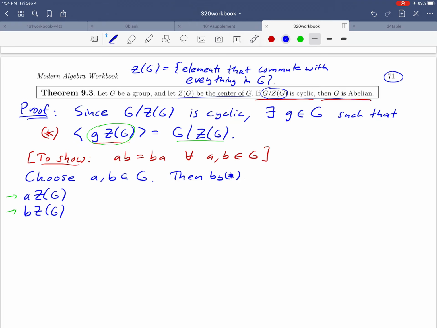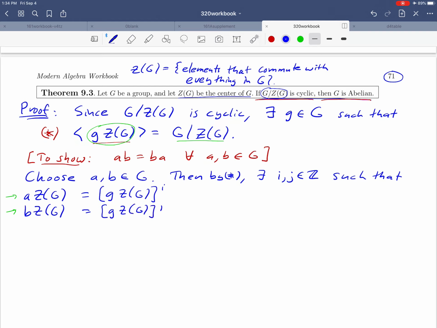So by star, there exist an i and a j in Z, just integers, powers, such that the coset A times Z of G is the ith power of our generator, and the coset B times Z of G is the jth power.